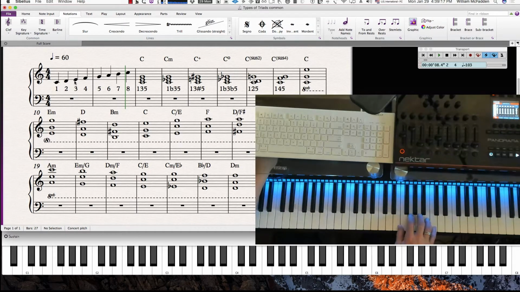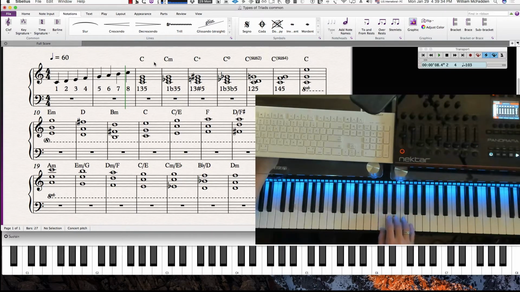There's your first, second, third, fourth note of the scale, fifth note, sixth note, seventh note, and eighth note of the scale. And the C major chord is basically the first, third, and fifth note of the scale.